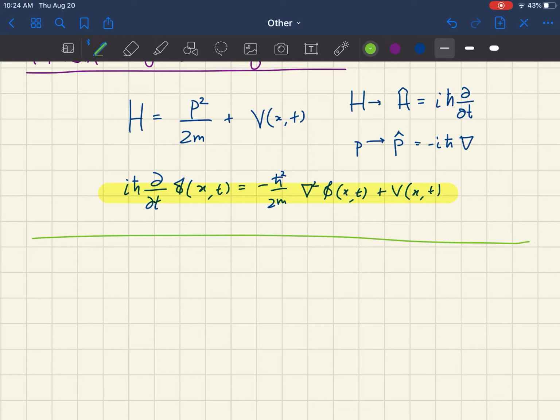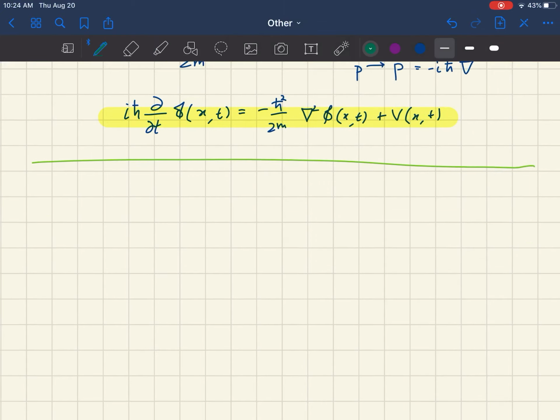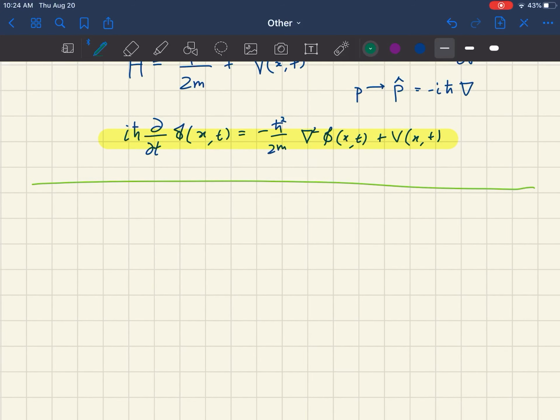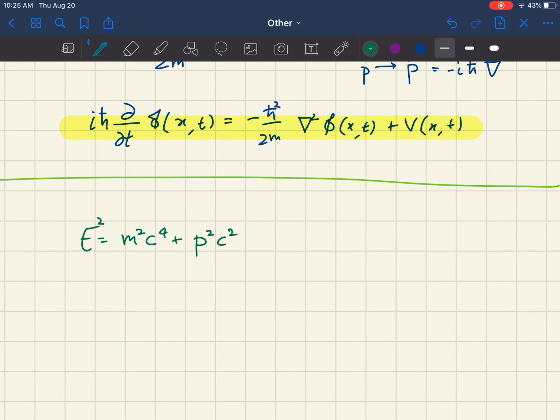In order to describe relativistic particles, to get a relativistic wave equation, we consider the equation E squared is equal to m squared c to the fourth plus p squared c squared. This is your relativistic energy. Here we can substitute all our operators and see what we get.